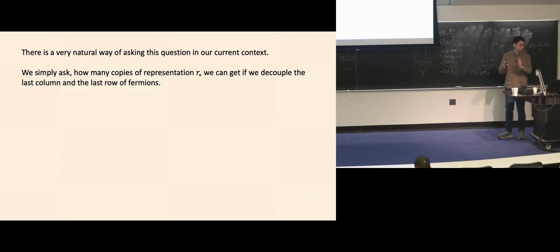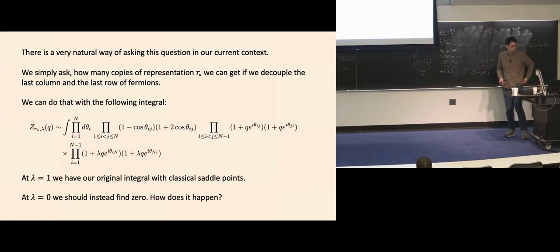If I only allow you to include the n-1 block of the fermion matrix, then you should find that you are no longer able to build this representation R star. So in terms of the integral that we were doing, I can write down an interpolating partition function where I still have the same measure factor, the same character piece, and I include all the fermions in the 1 to n-1 block, that is this factor.